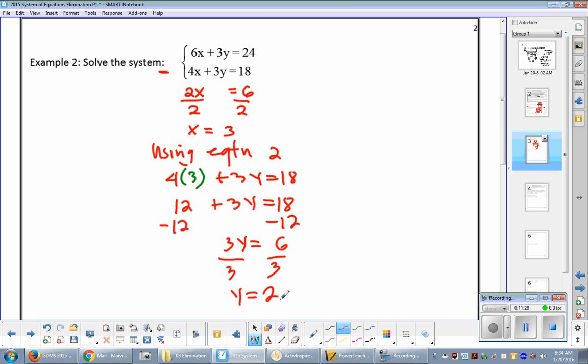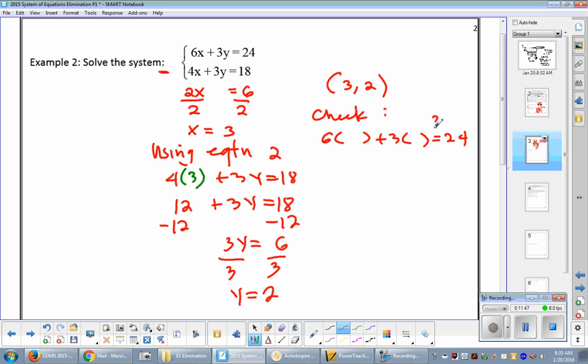So our solution here will be x is 3, y is equal to 2. And then don't forget to check your answer. So I'll have 6x plus 3y is equal to 24.